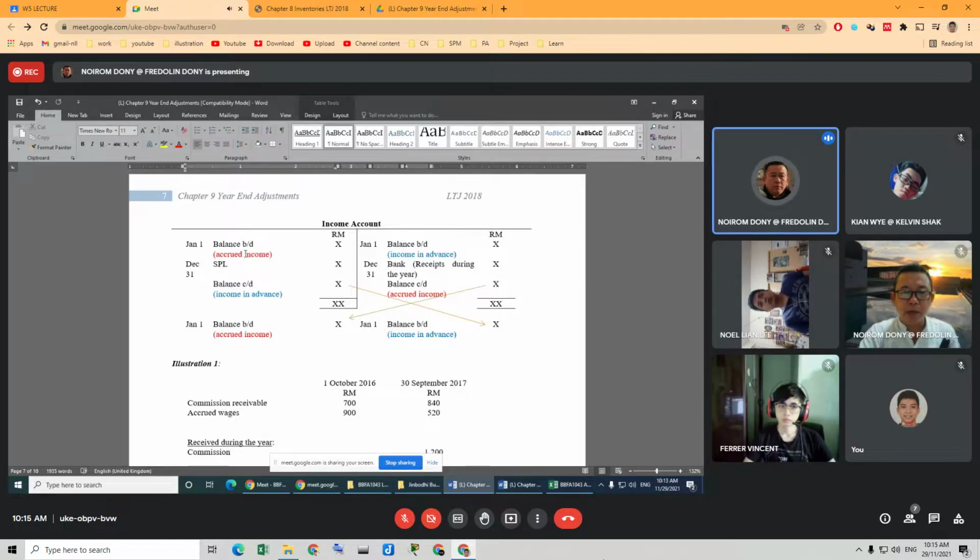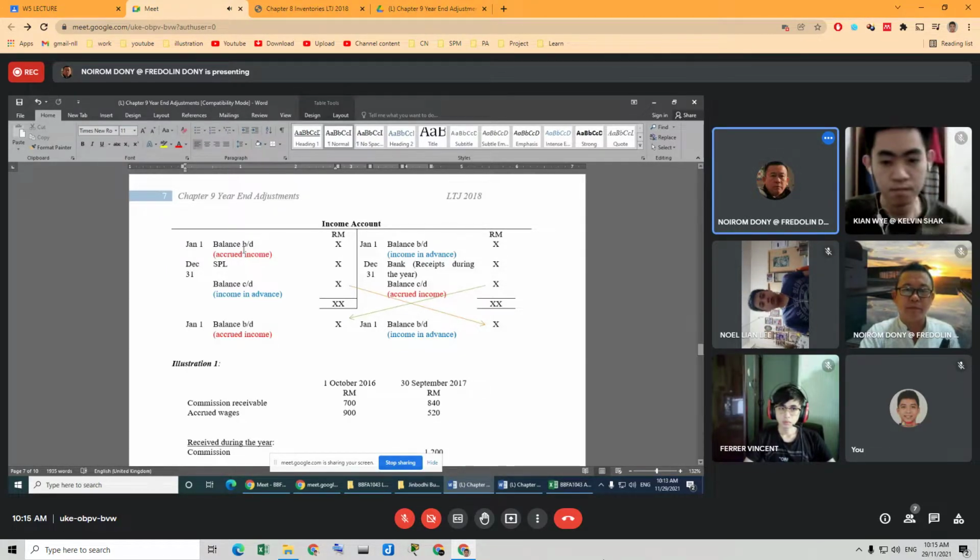Income that has been earned but the money has not been received yet. Debit balance, accrued income. But if you see the opposite, a credit balance on the income, this is income in advance. Income in advance means income that has not been earned yet, but the money has already been received. So it's a liability. This is a credit balance.